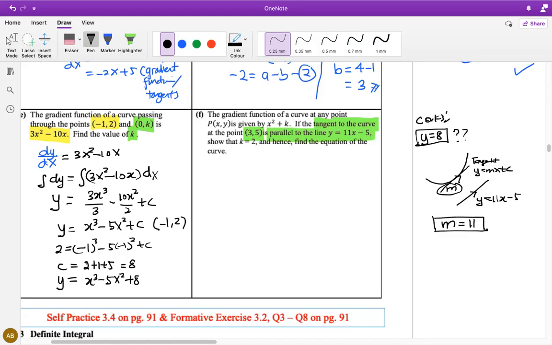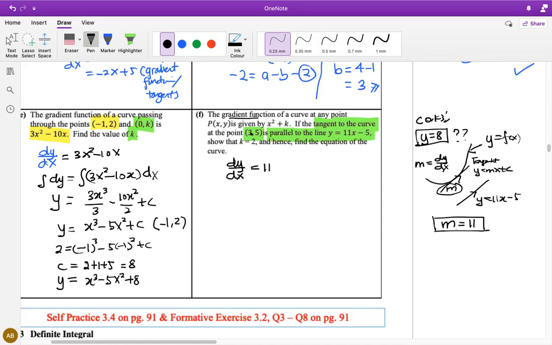So what is m in terms of gradient function? So it's dy dx. So if this is the curve y equals f of x, the m must be dy dx. Okay, so now I can try to solve. So I have dy dx equals to 11.